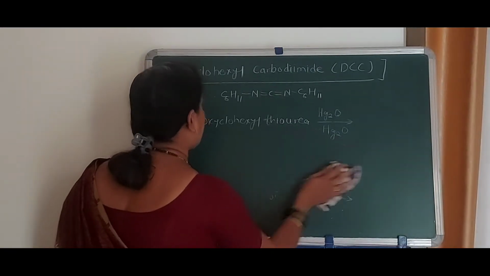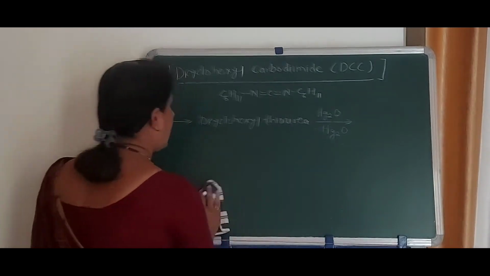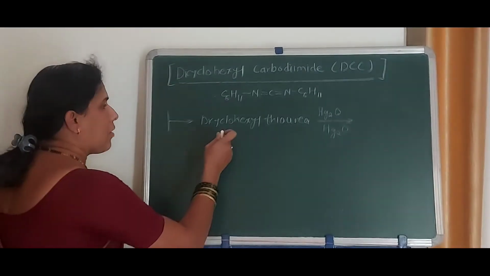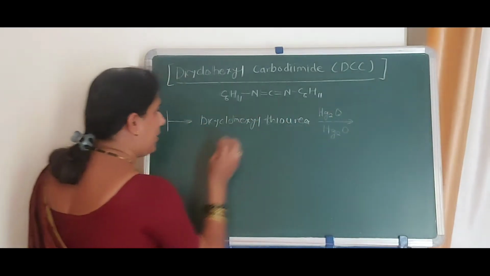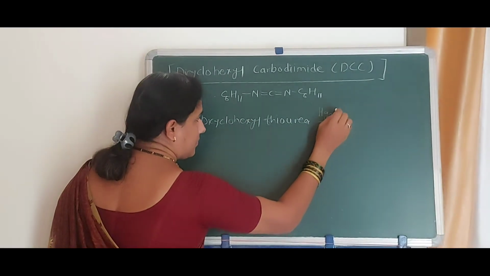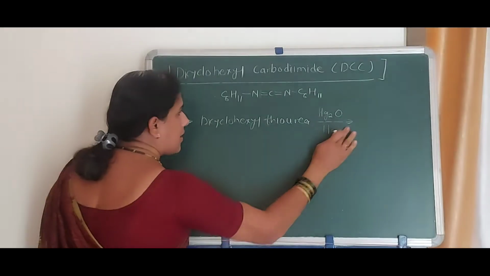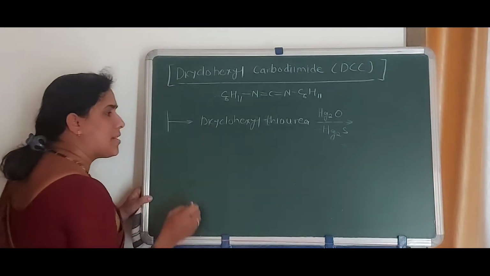First, dicyclohexyl thiourea on reaction with mercuric oxide, there is elimination of mercuric sulfide.